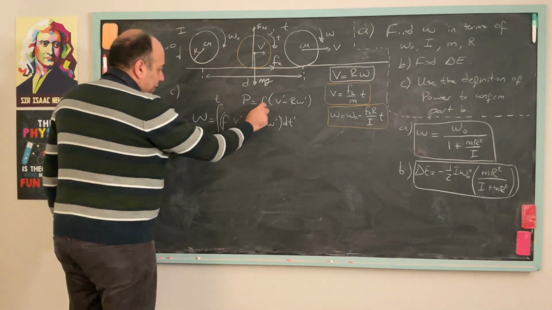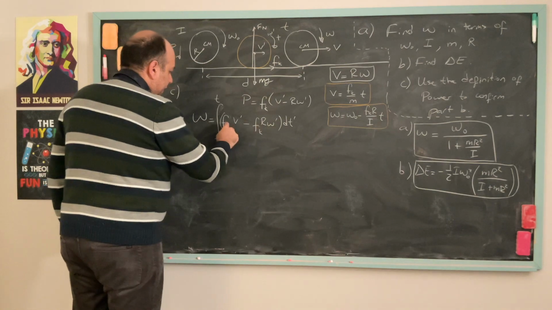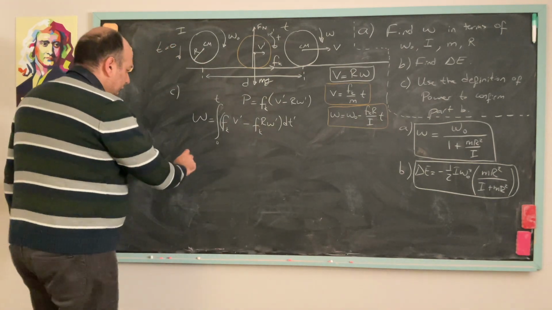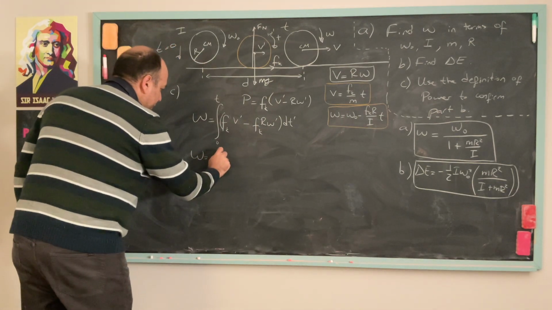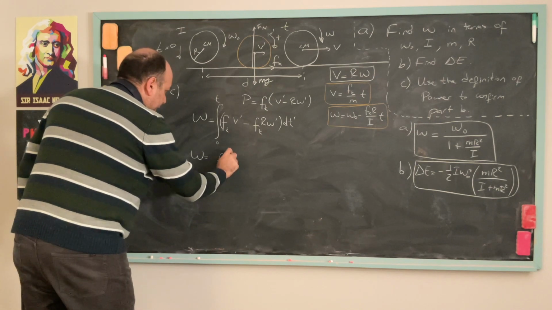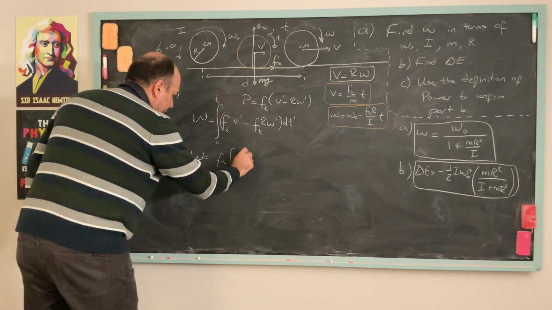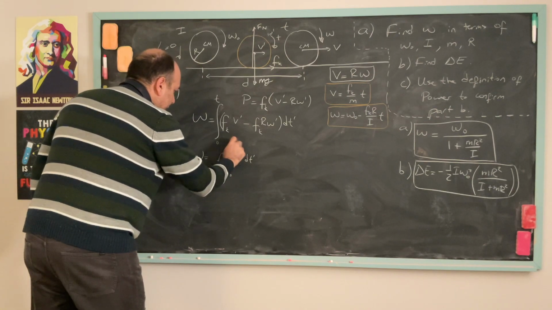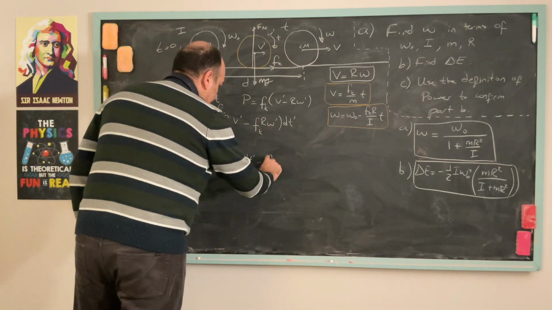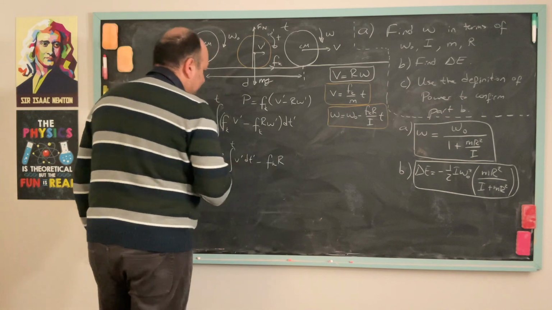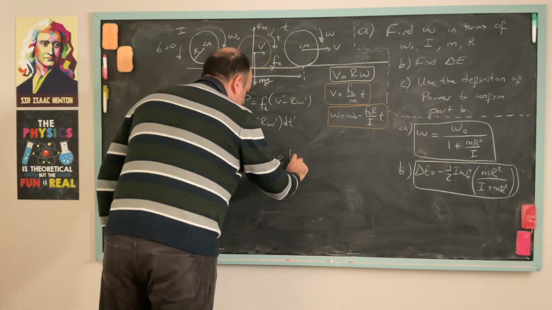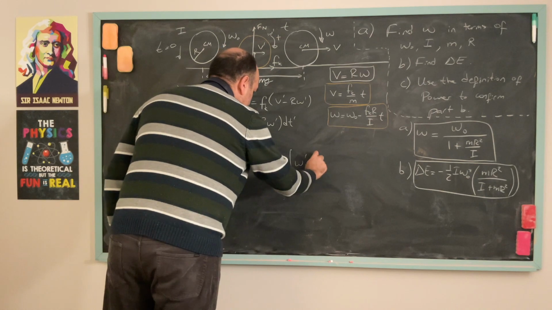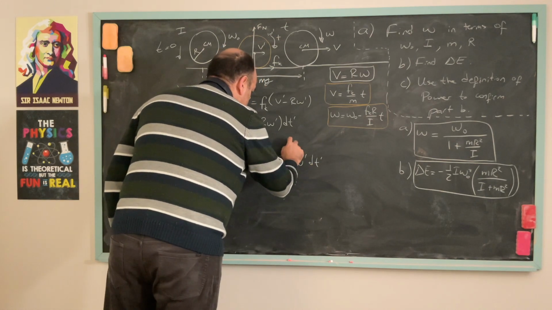Okay, since F is constant here, F_k, we can take it out. So work done is simply equal to F_k integral v prime dt prime from 0 to t, minus F_k R, so these are all constants, integral omega prime dt prime from 0 to t.